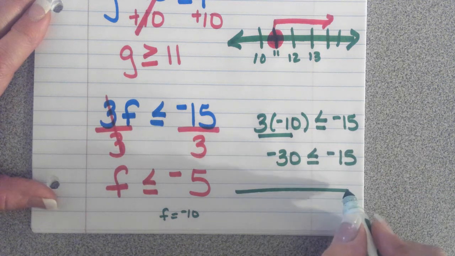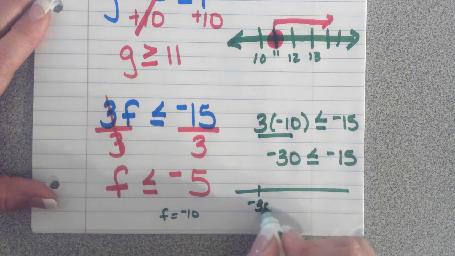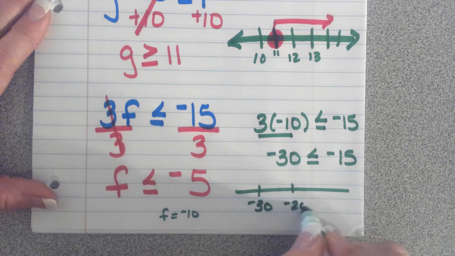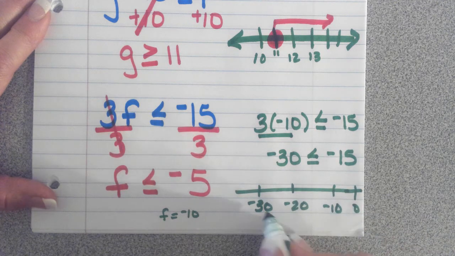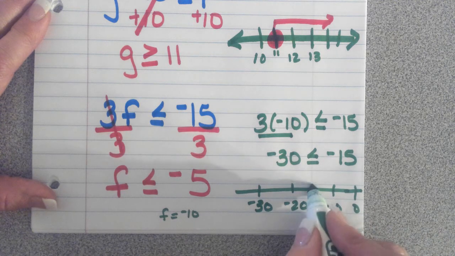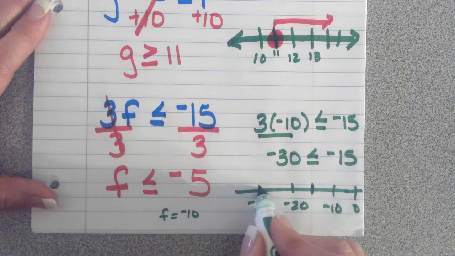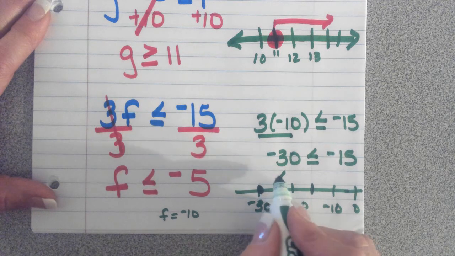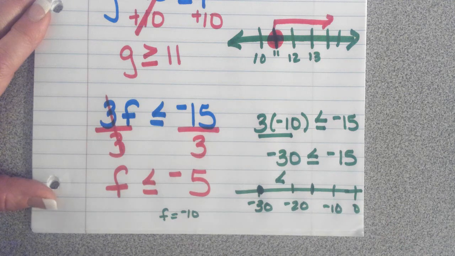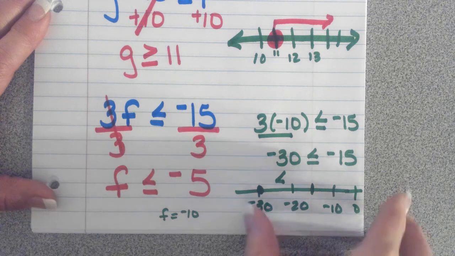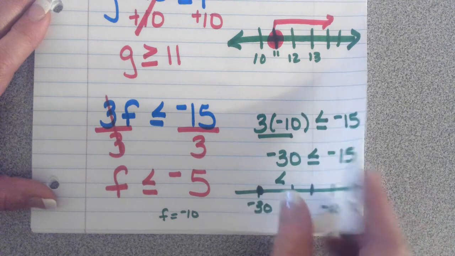On a number line, negative 30 would be over here, negative 20, negative 10, and 0. So it counts backwards. So negative 15 is here, and negative 30 is here. So yes, negative 30 is less than negative 15. All right, so that was an example of multiplying and how to check to see if your answer is correct.